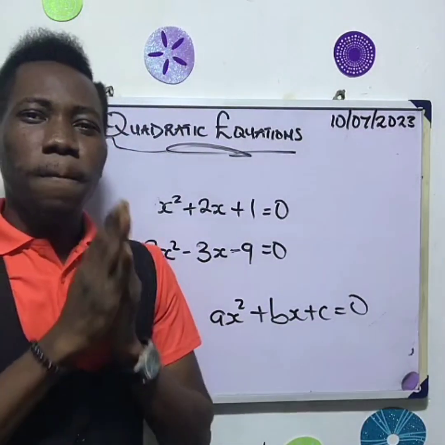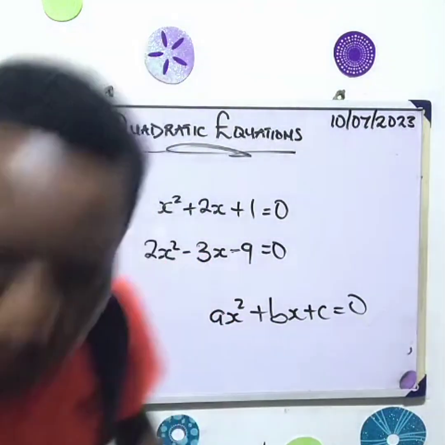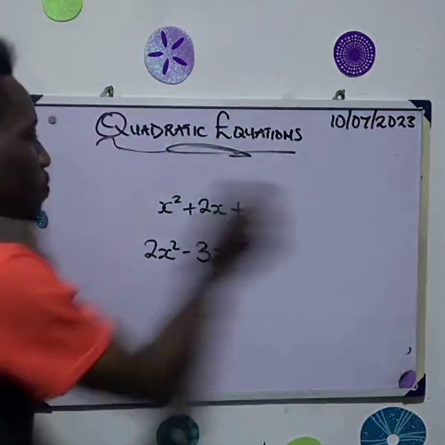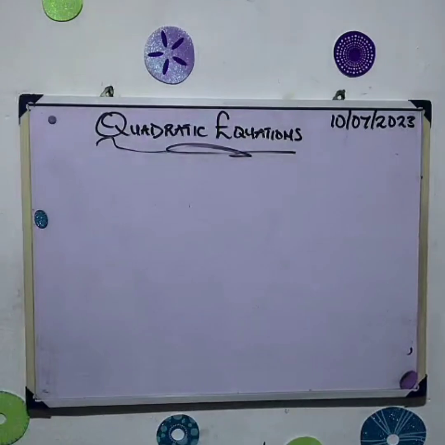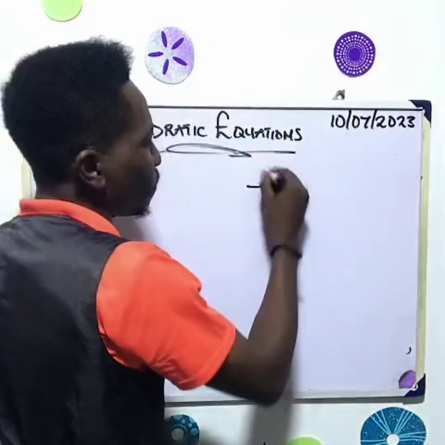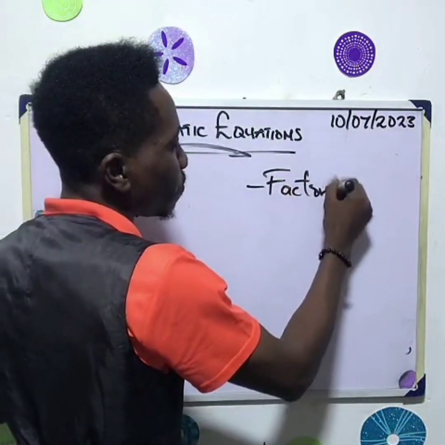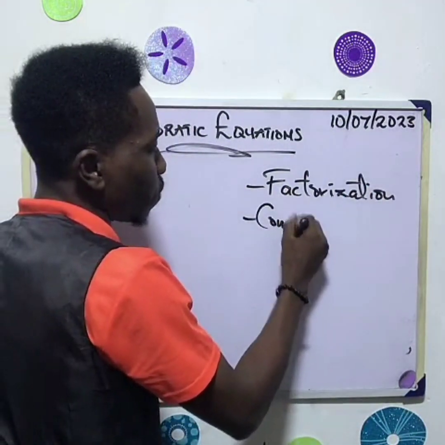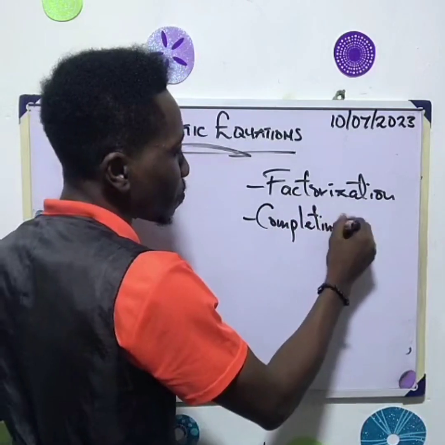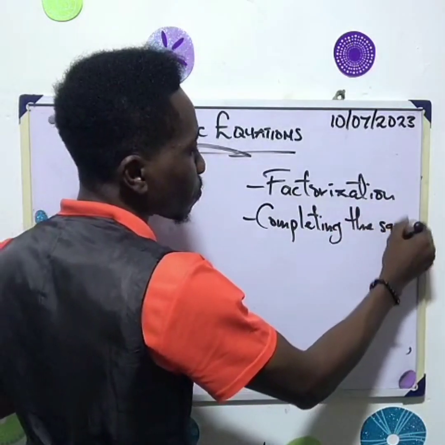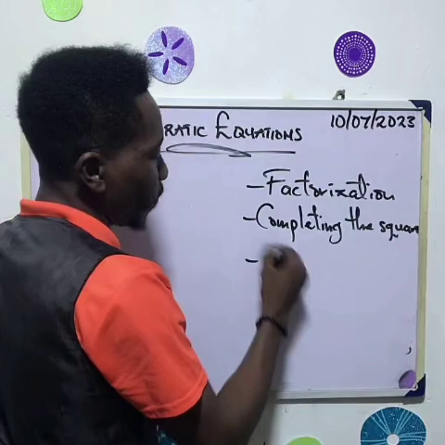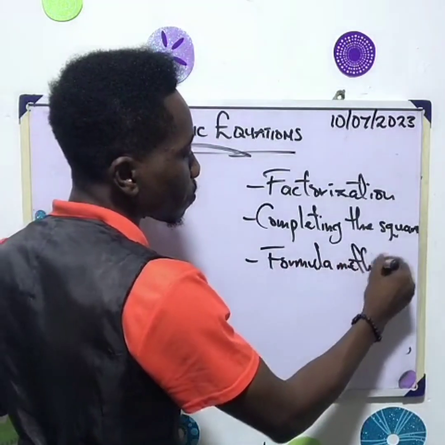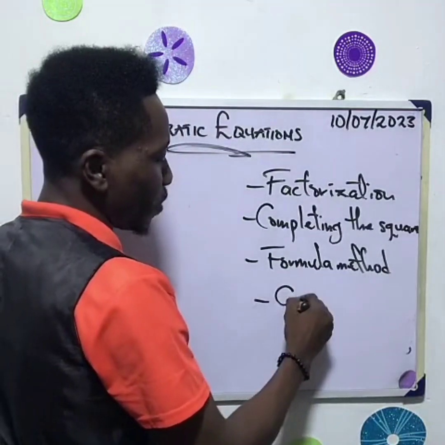Now there are about 4 different methods of solving quadratic equations. We have the factorization, we have the completing the square, we have the formula method, and we have the graphical.